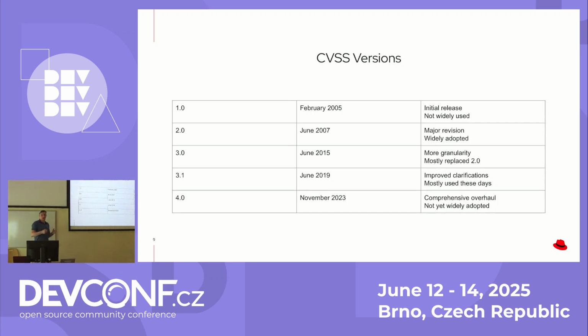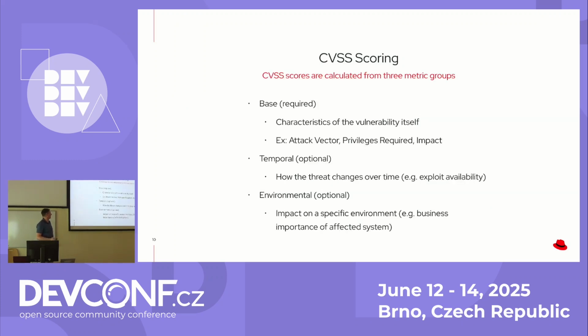So you can often see that maybe according to version 2, this is a high severity, but then according to version 4, it's medium, because more details have been considered, as we will see in a moment, right?